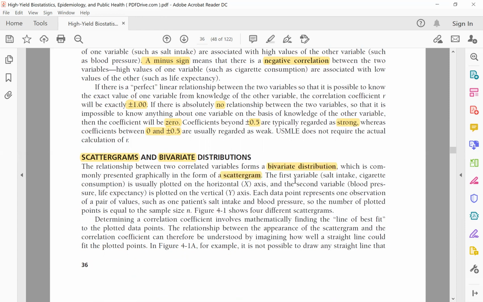The first variable, such as salt intake or cigarette consumption, is usually plotted on the horizontal x-axis, and the second variable, such as blood pressure or life expectancy, is plotted on the vertical y-axis. Each data point represents one observation of a pair of values, such as one patient's salt intake and blood pressure. So the number of plotted points is equal to the sample size n. Figure 4.1 shows four different scattergrams.